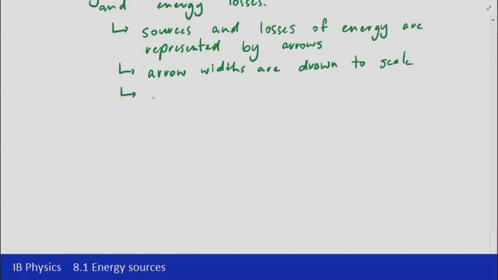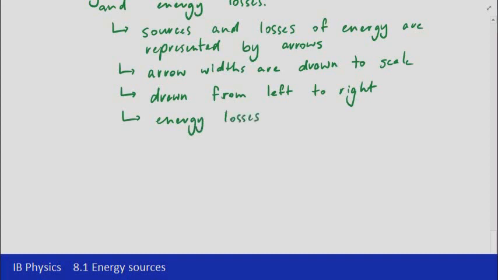The other thing here as well is that the representations that you'll see in IB are drawn from left to right. So sources on the left and then output forms on the right. And left to right is the useful forms, but the energy losses, now this will vary slightly depending on the representation, how complicated it is.